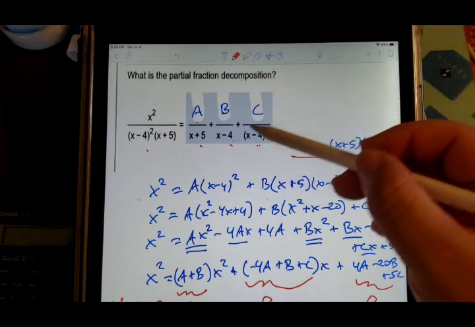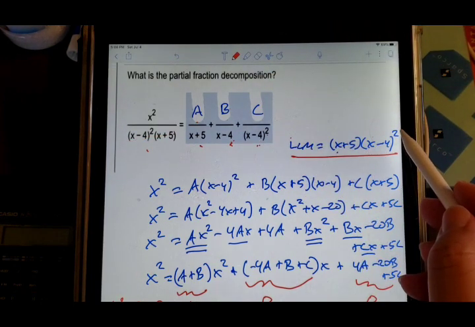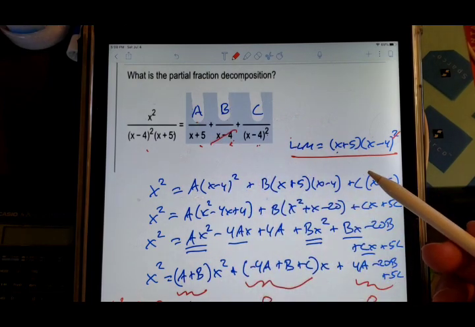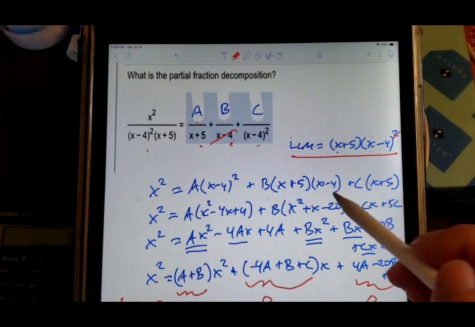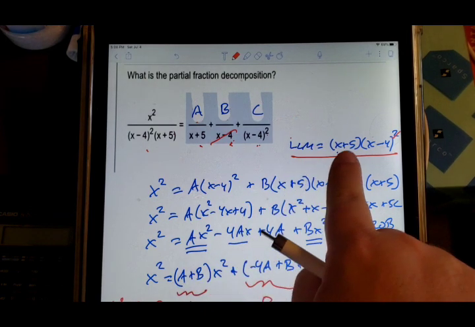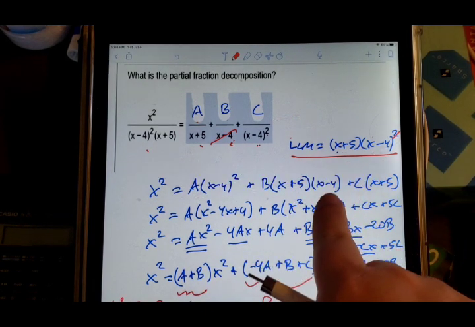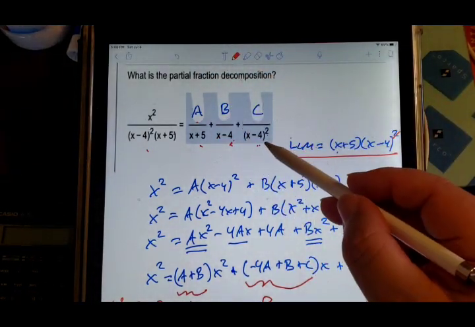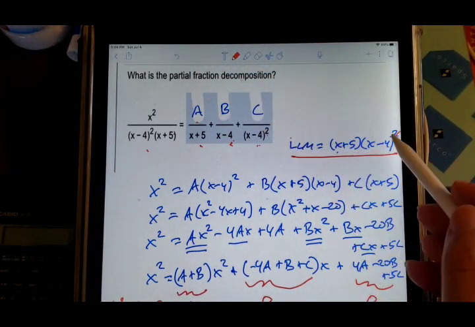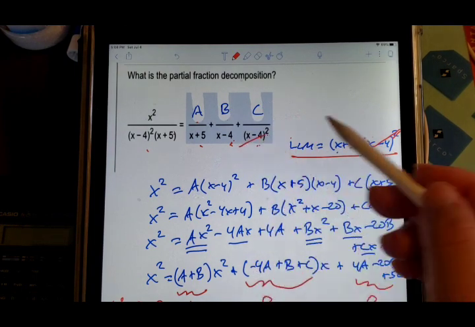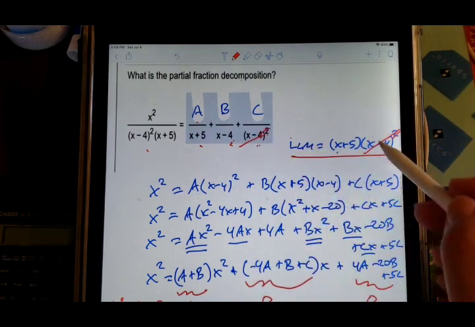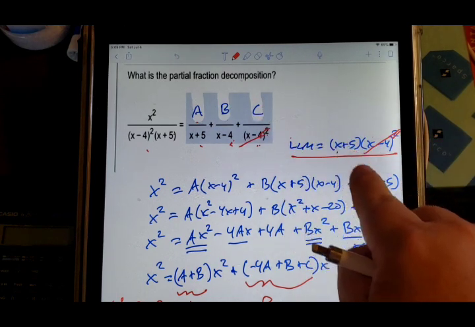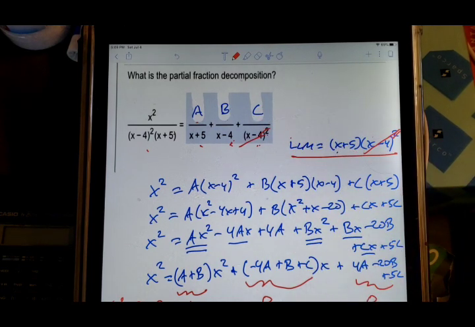If I multiply the second term, one of the x minus 4's cancels, but I'm left with B times x minus 5 times x minus 4. And then if I multiply the last term, the entire x minus 4 squared cancels, so I'm left with C times x minus 5. This is just multiplying. It's not even really doing the multiplication, it's doing the canceling involved in the multiplication.